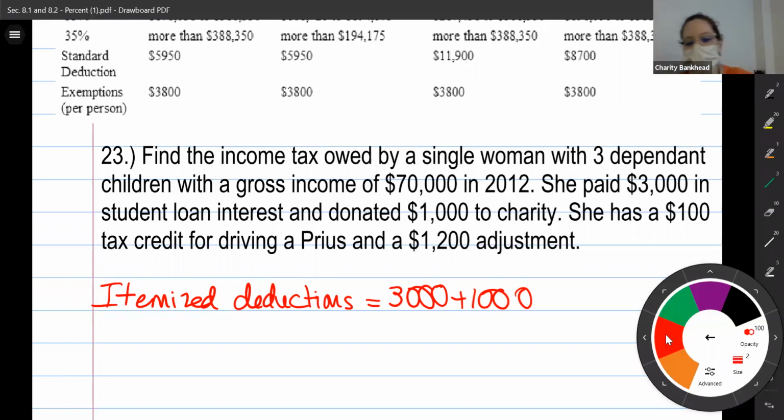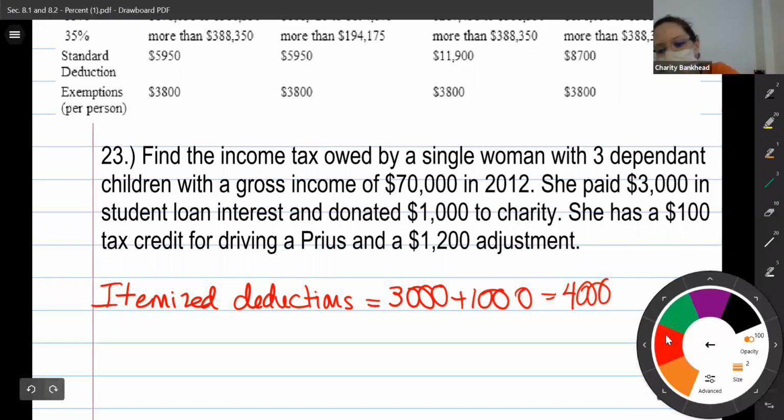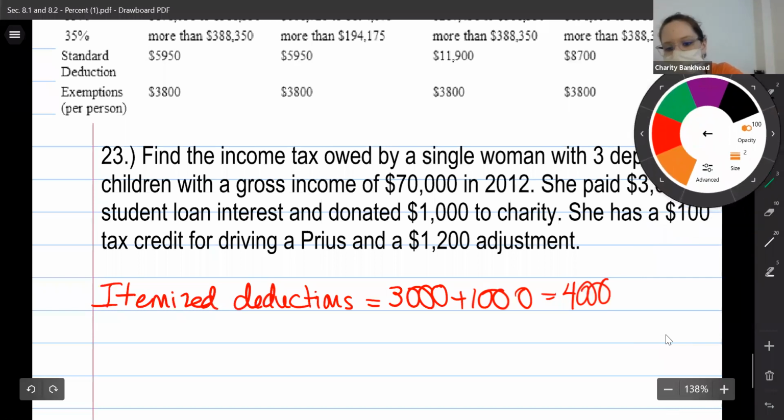So that's $4,000. Now that is less than the standard deduction, because the standard deduction is $5,950.